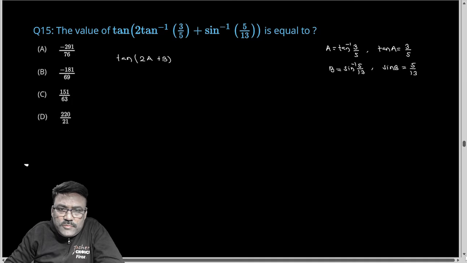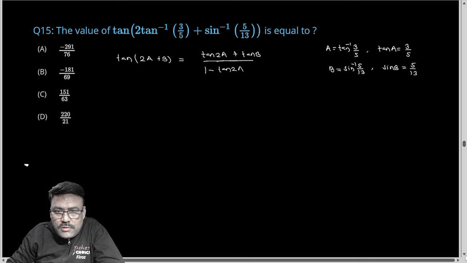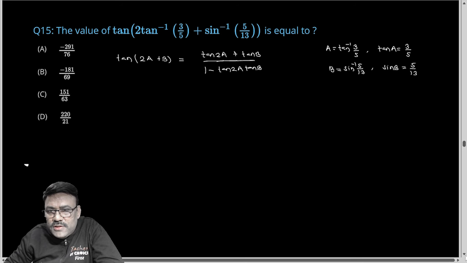Now let's use the formula. Tan of 2a plus b can be written as tan 2a plus tan b, compound angle formula, over 1 minus tan 2a into tan b. So now I need the value of tan 2a. Tan 2a can be written as 2 tan a over 1 minus tan square a.